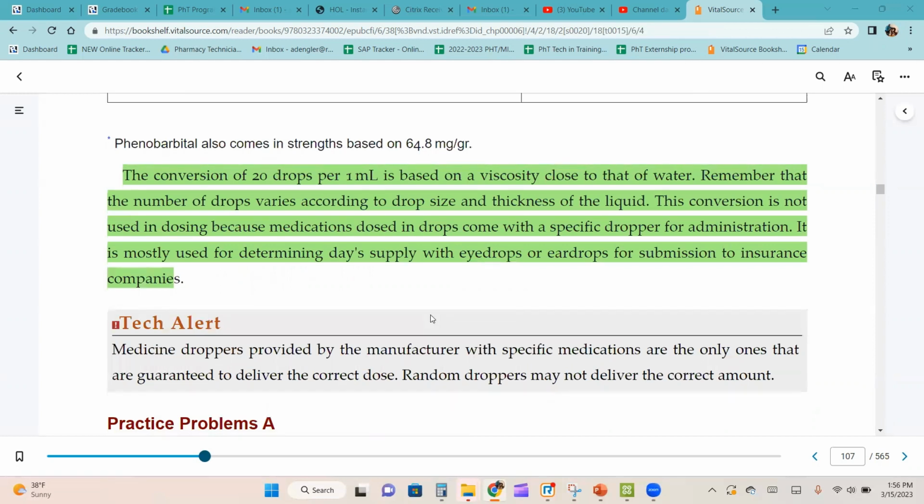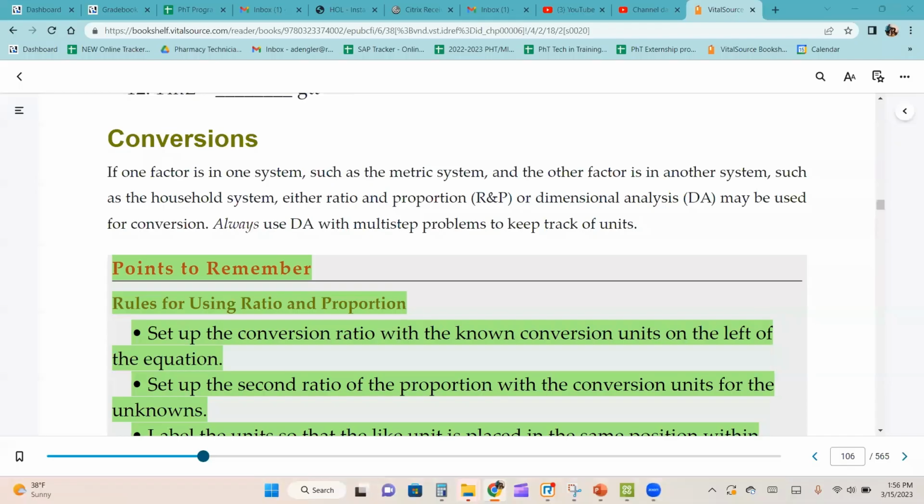The conversion of 20 drops per 1 ml is based on a viscosity close to that of water. Remember, the number of drops varies according to drop size and thickness of the liquid. This conversion is not used in dosing because medications used in drops come with a specific dropper for administration. It is mostly used for determining day supply with eye drops or eardrops for submission to insurance companies.